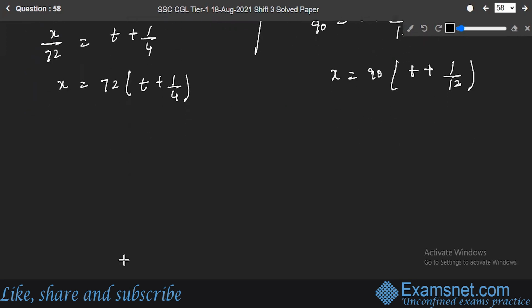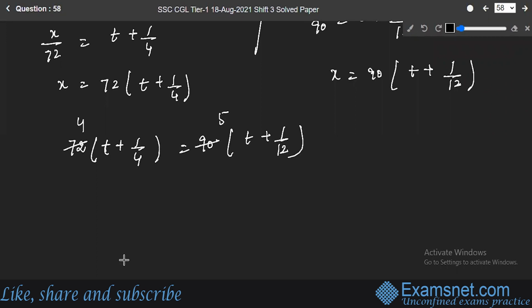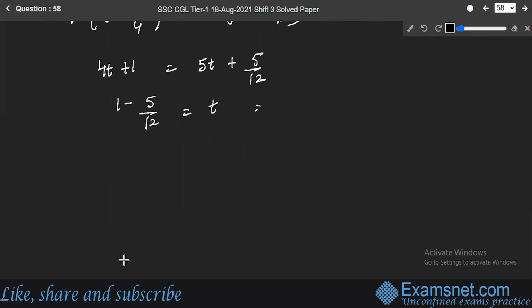From both these equations you get that 72 into t plus 1 by 4 is equal to 90 into t plus 1 by 12. This will cut at 5 and 4, like the 18 table will be used to cut this off, and you will have 4t plus 1 is equal to 5t plus 5 by 12. 1 minus 5 upon 12 is equal to t, or t is equal to 7 upon 12 hours.